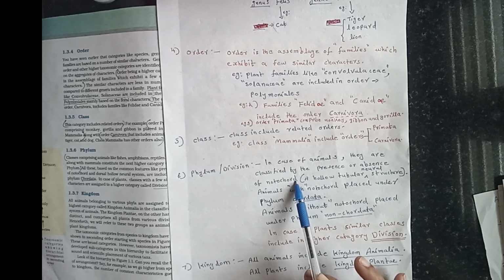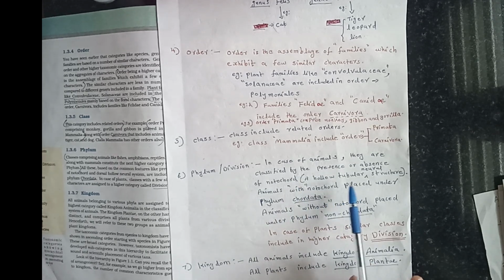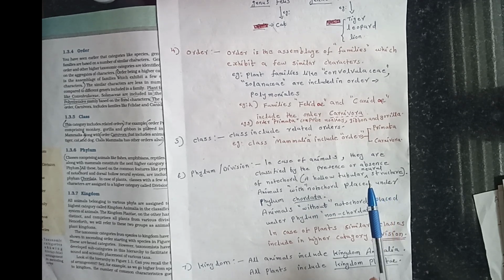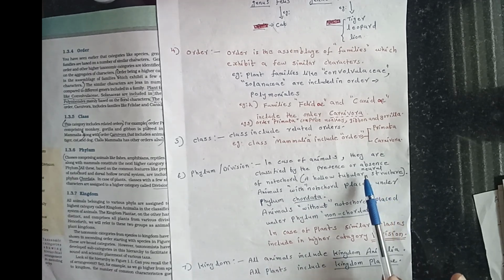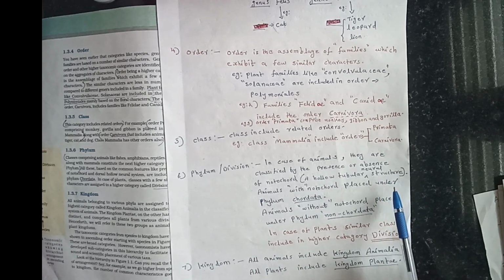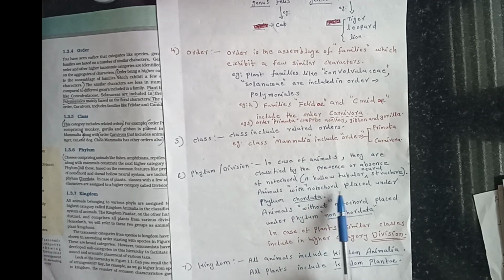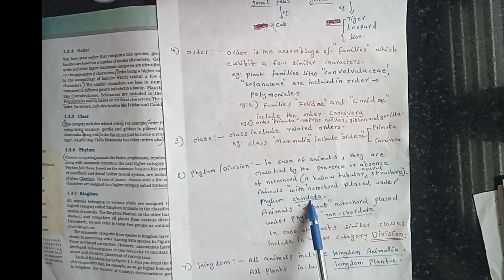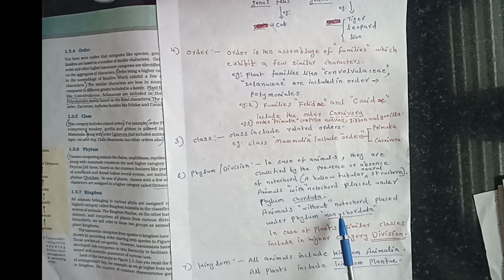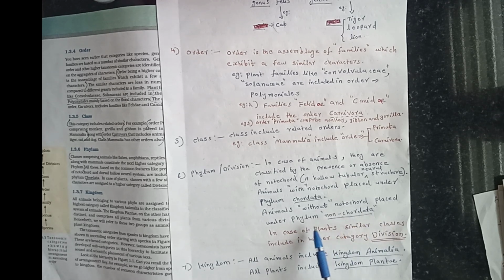What is notochord? A hollow tubular structure present on the dorsal part of the body, that is part of the neural system. Animals with notochord are placed under phylum Chordata and animals without notochord are placed under phylum Non-Chordata.